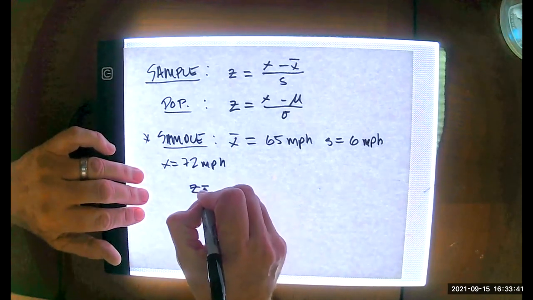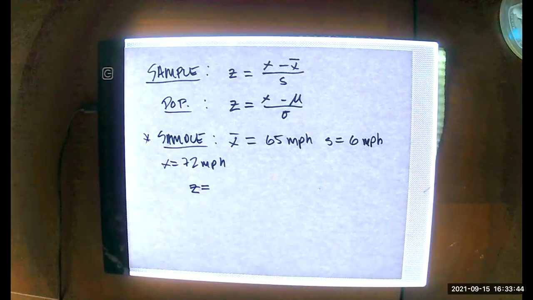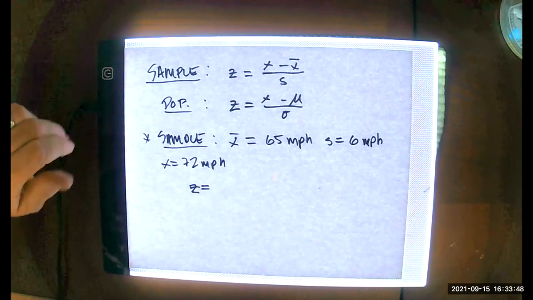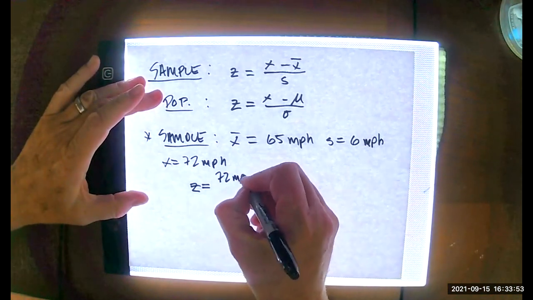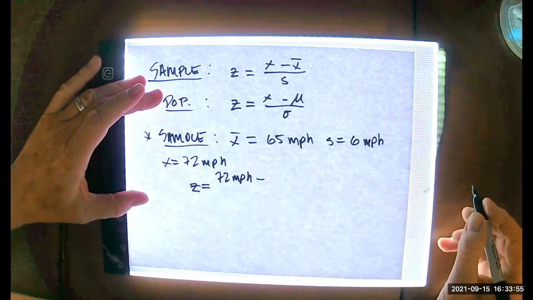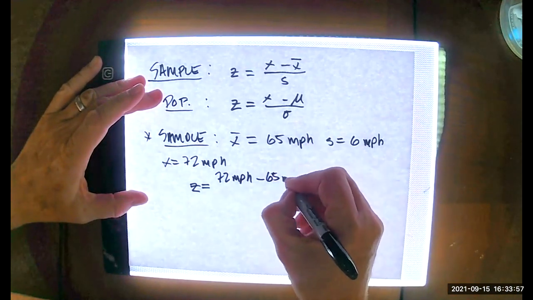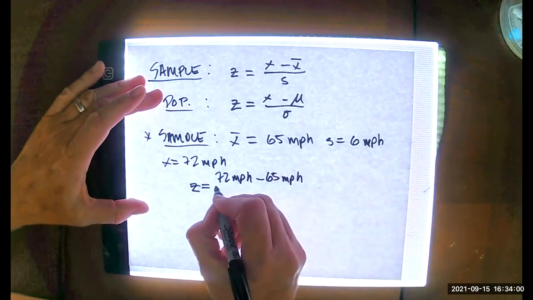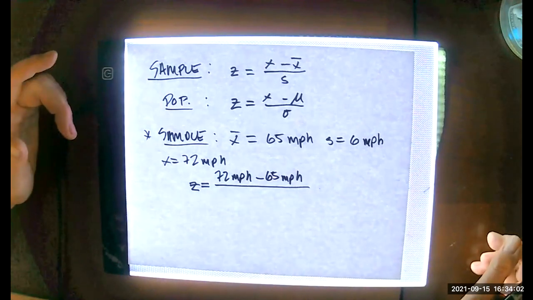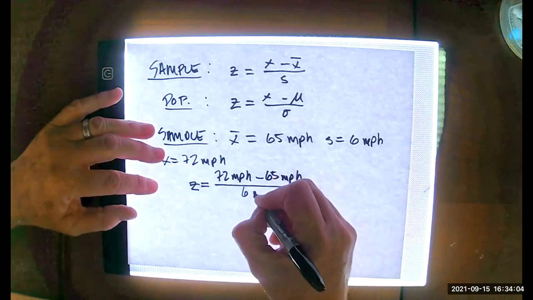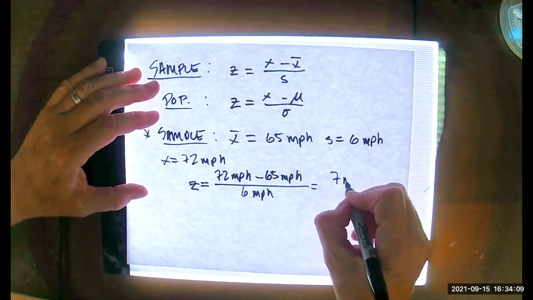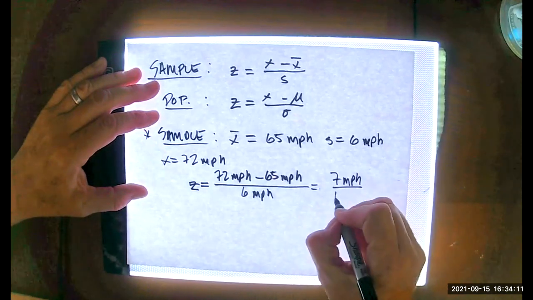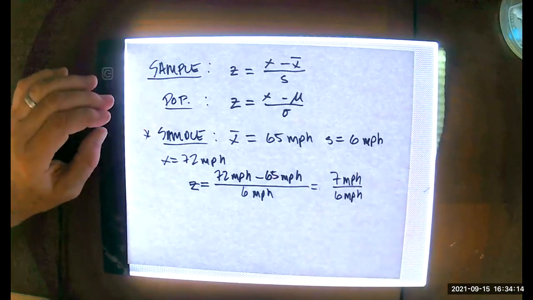Now, I'm going to put way more detail into this little example than I usually do because I want to bring out some of the property notions. So my speed is 72 miles per hour minus the mean of 65 miles per hour divided by 6 miles per hour. 7 miles per hour divided by 6 miles per hour.